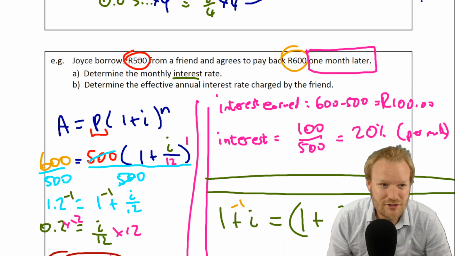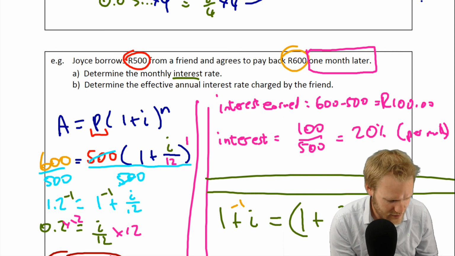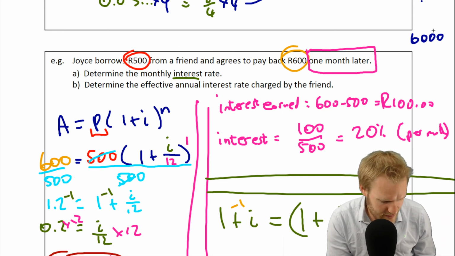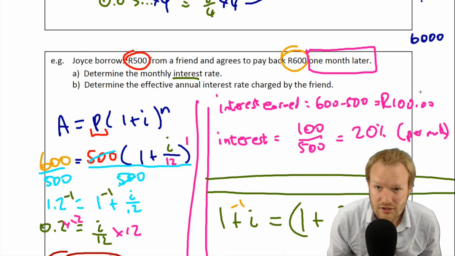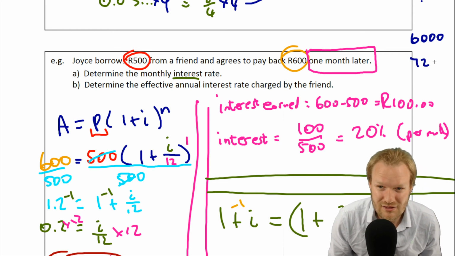She would have borrowed 500 times 12, 6,000 Rand to make it look like the other problems we've done. And every month she would have paid 600 Rand back times 12. So she would have spent 7,200 back. Does that make sense?